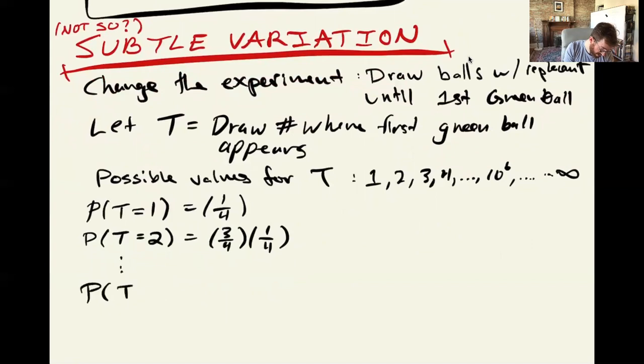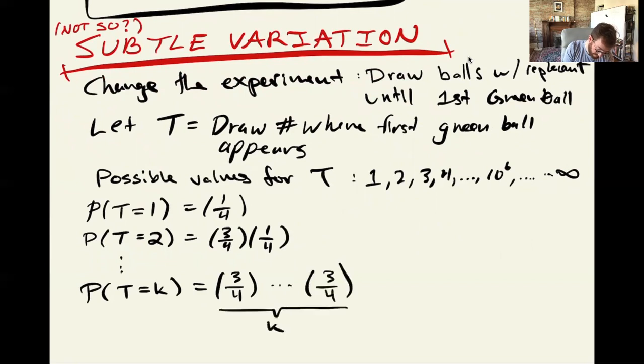So the probability that T equals k, in this case, is 3/4, k minus 1 times, and then on the kth try, we finally got our success.